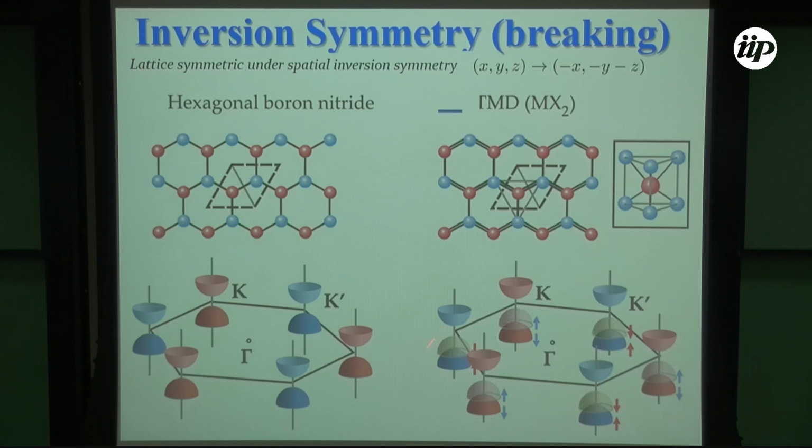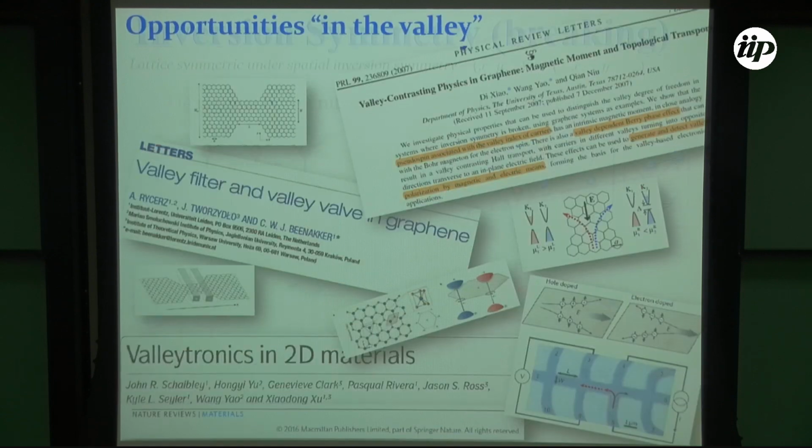This case is particularly interesting because we can start to have valleys. The 2 valleys have different spin textures, so it starts to be a very interesting knob to design new types of property.